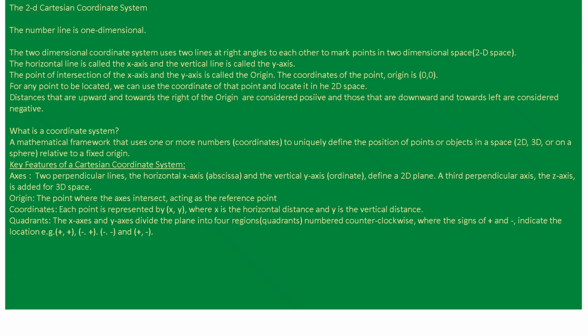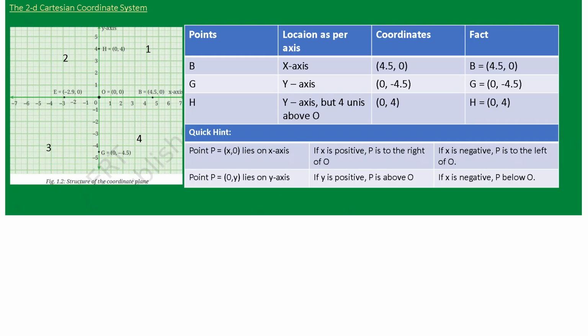They are numbered counterclockwise, and the plus and minus signs indicate the location: plus plus in the first quadrant, minus plus in the second, minus minus in the third, and plus minus in the fourth. In the slide you can see the 4 quadrants, and how to locate the points.